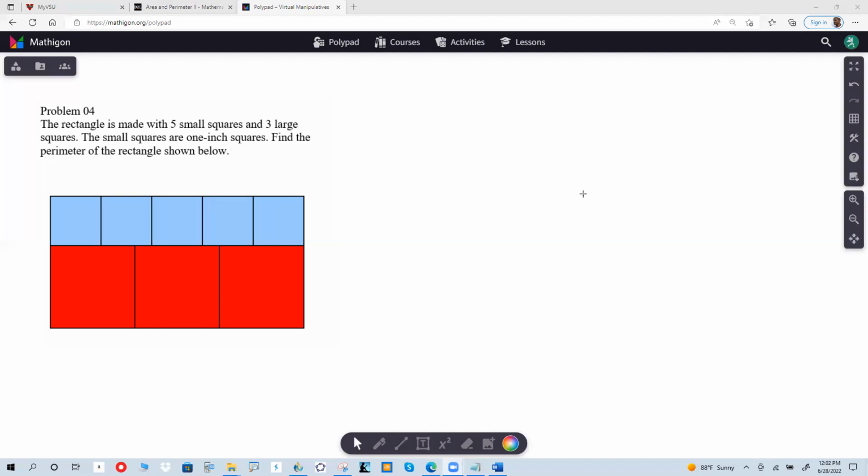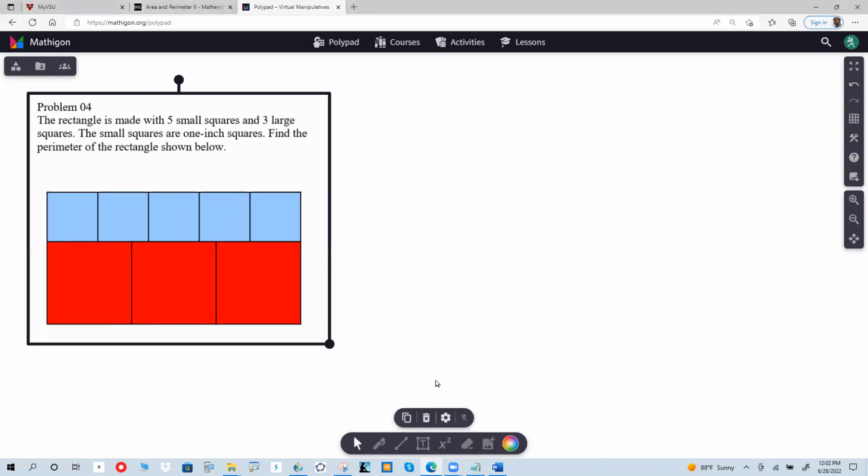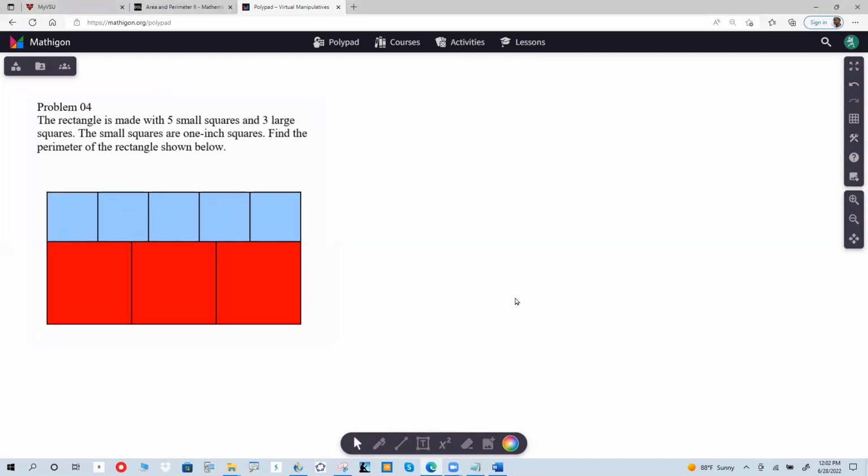The small squares are 1 inch squares. 1 inch, 1 inch, 1 inch, and so on and so forth. Okay, find the perimeter of the rectangle shown below. That's all we know. The blue squares are 1 inch on each side. That's all we know.